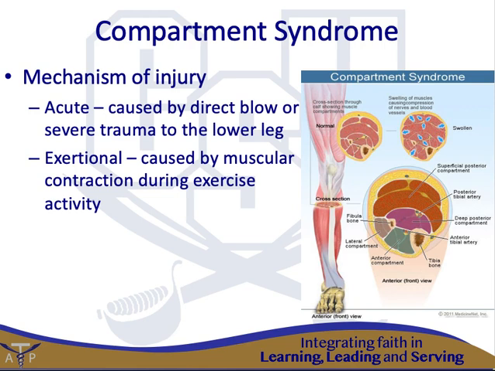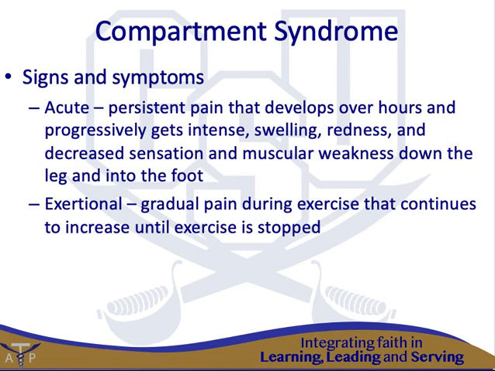When a person has an increased amount of exercise activity, excessive pressure builds up in the compartment, and it has no way to decrease that pressure during activity, so it continues to build and build and build in that area.